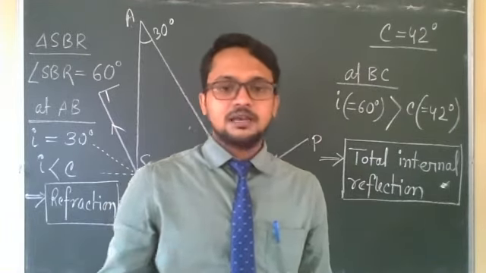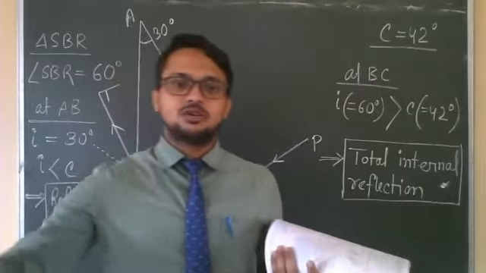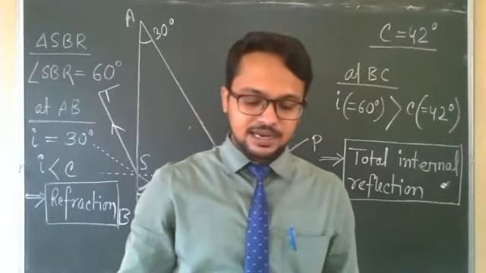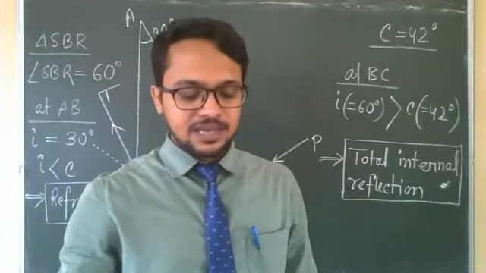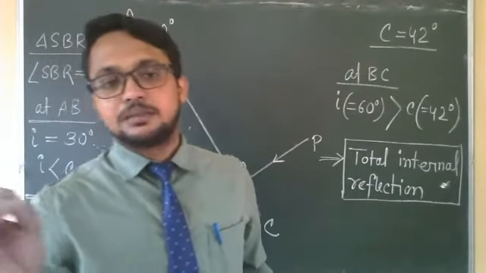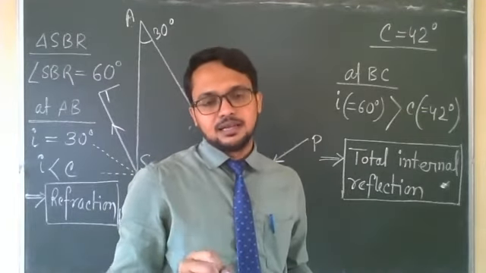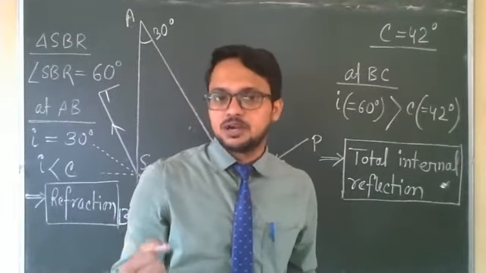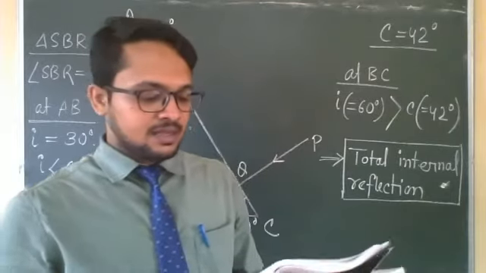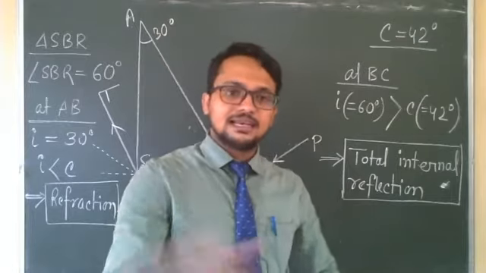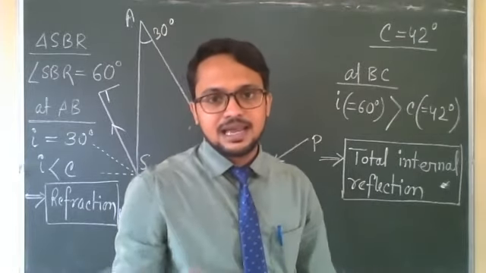Second point: in total internal reflection, all the light is reflected back, and in normal reflection, some light is refracted and some light is absorbed by the reflector. If it is a plane mirror, some light will be absorbed by the reflector. Third point: in total internal reflection, all the light energy is reflected.